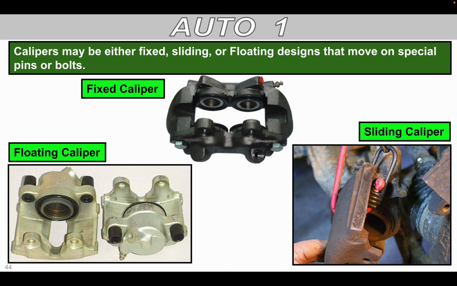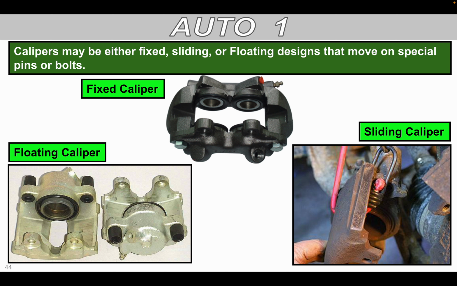It stays in place. It is fixed. It doesn't move. That's how you can tell if it's a fixed caliper or not. Again, two bolts mount it directly to the steering knuckle. With the floating caliper, the caliper is mounted to a bracket, and the bracket is mounted to the steering knuckle. Fixed caliper, just to the steering knuckle.